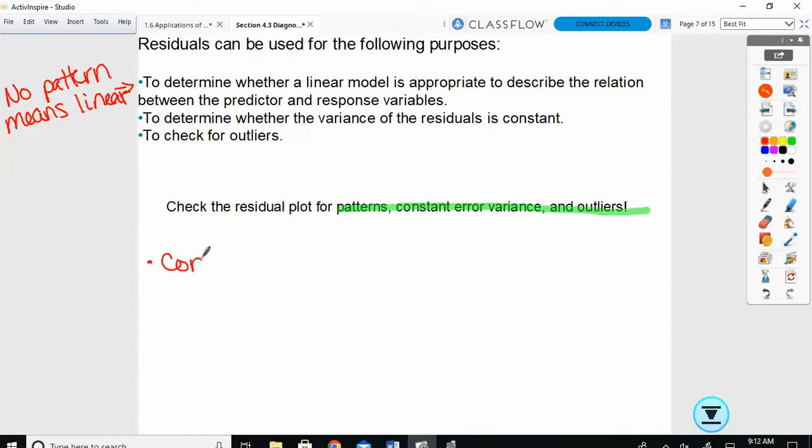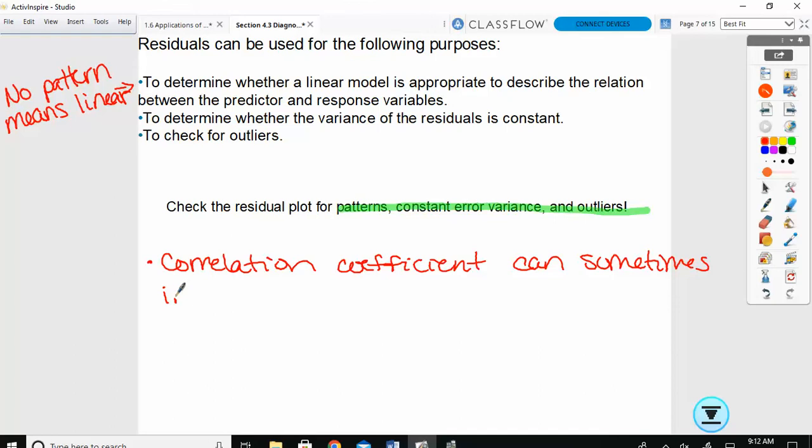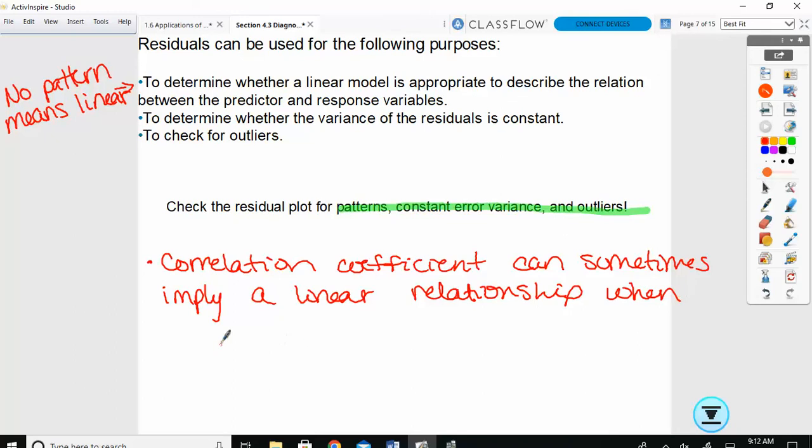The reason we need that is because the correlation coefficient can sometimes imply a linear relationship when one doesn't really exist.